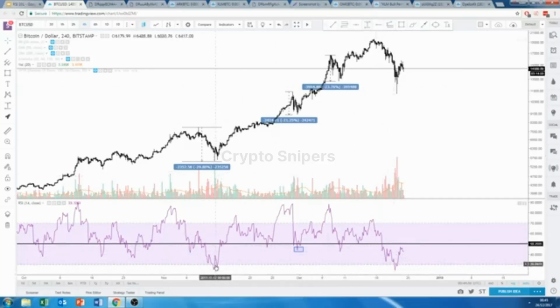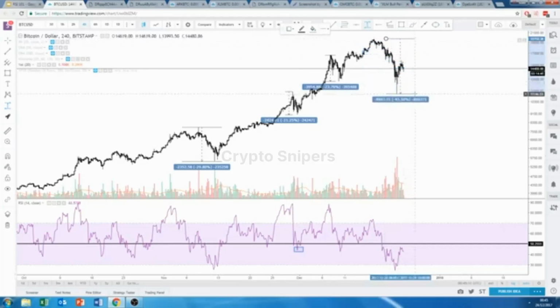And here the same, the deep violation, 30%. Generally holds, 21, 23. And then the most recent one, let's go from this high. And look at that, 43% or so on the break of this 50 midpoint way.